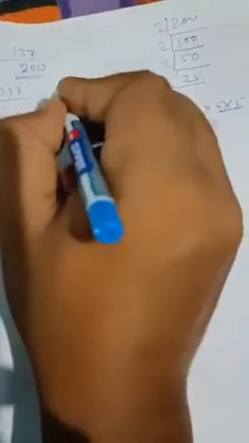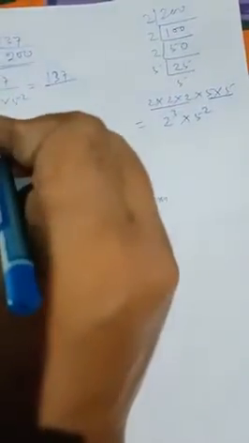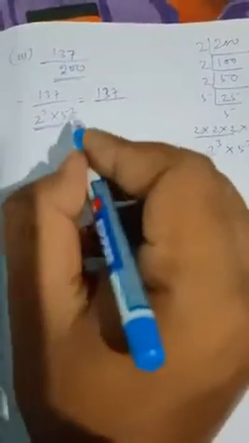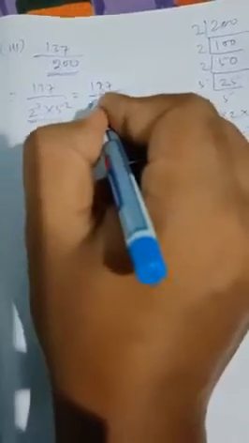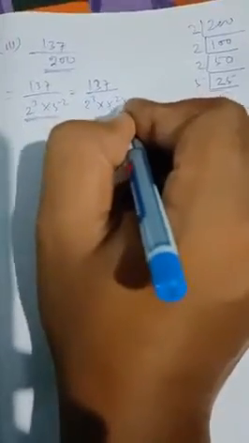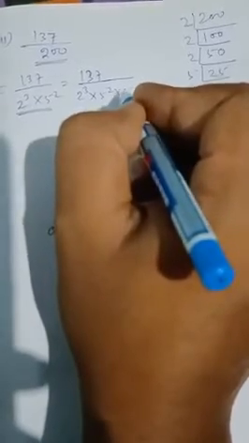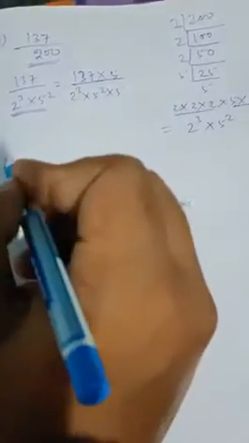Now we have to multiply 5 with the denominator, so that it will be 2 cube into 5 cube right now. 2 cube into 5 square into 5. As we multiply 5 to the denominator, we have to multiply 5 with the numerator to balance the fraction right now.